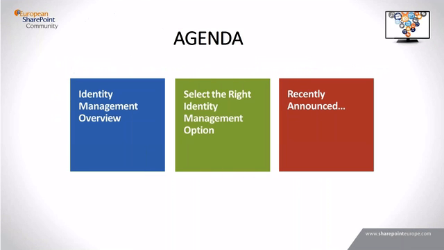So the agenda: identity management overview, then we are going to look at what will be the right identity management solution, and last I'm going to talk a bit about the recently announced updates from Microsoft for the identity management solutions for Office 365.